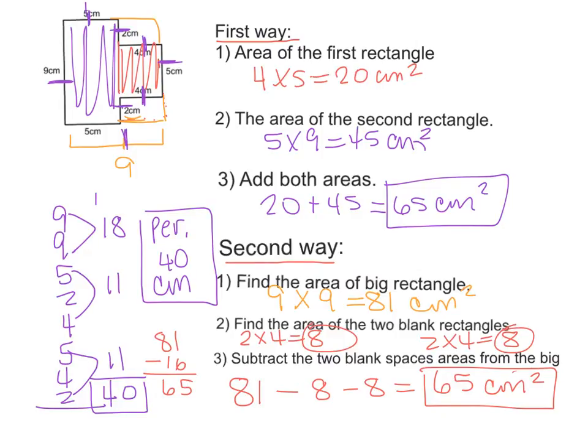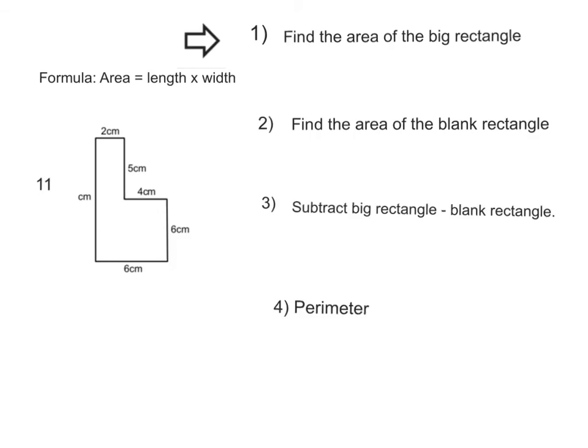Okay, now you know that you can choose whichever way. It doesn't matter as long as you get the final area we want. So let's go to another example. The second way to do it is finding the area of the big rectangle, which can be expressed as all of these, including this blank space.